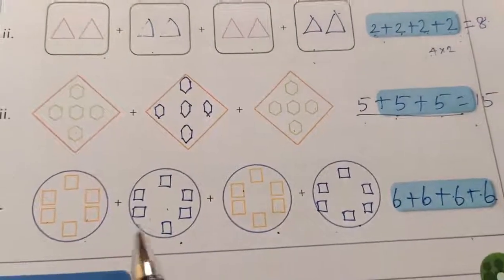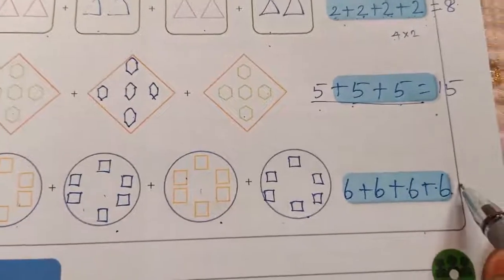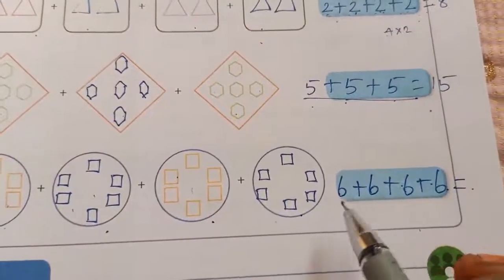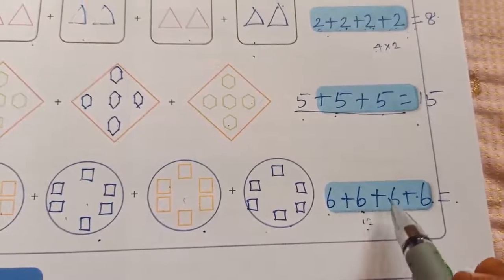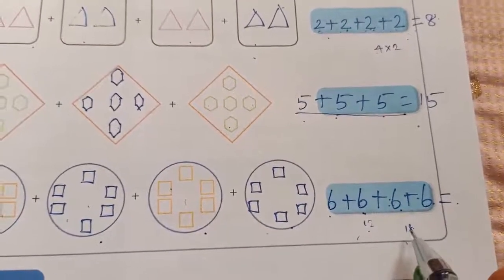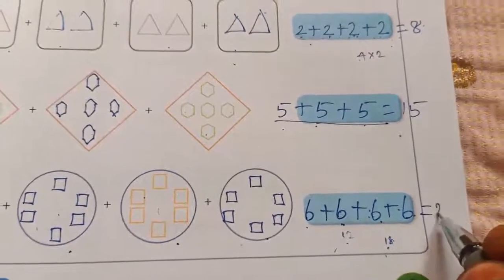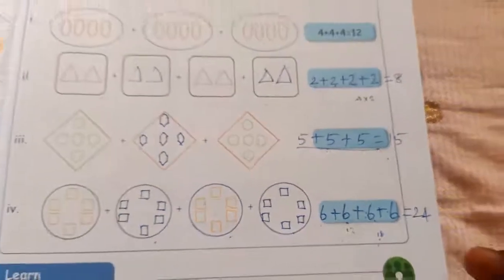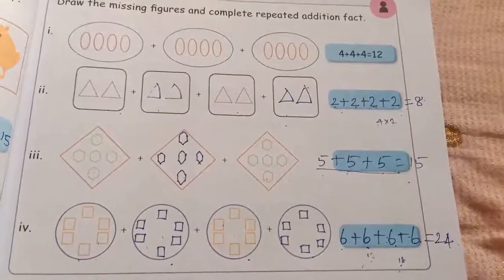So totally how many groups? 1 2 3 4. So 4 sixes are available. Now you can add these 4 numbers. 6 plus 6 is 12. Now 12 plus 6, what answer? 18. Next 18 plus 6, what answer? 24. Okay, so you properly draw these and write the answers in your book.